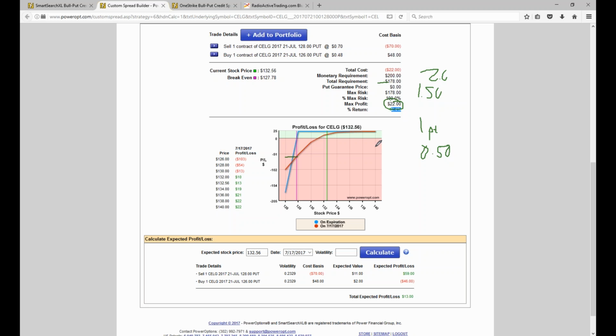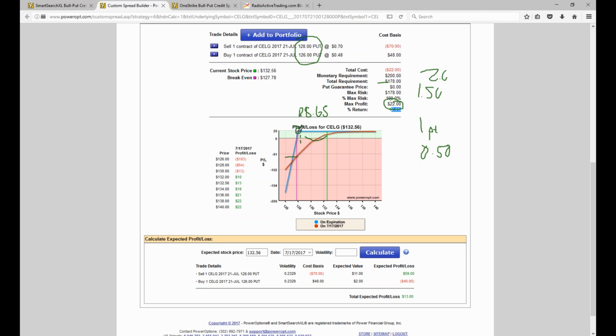But the other reason why I like to do 2-point spreads is because of other testing I did on management techniques. One of my approaches is, if I was in this spread and Celgene, let's say, dropped to around 128, I'd say 60 or 65, I'm going to start considering managing this position. I'm going to consider adjustments.